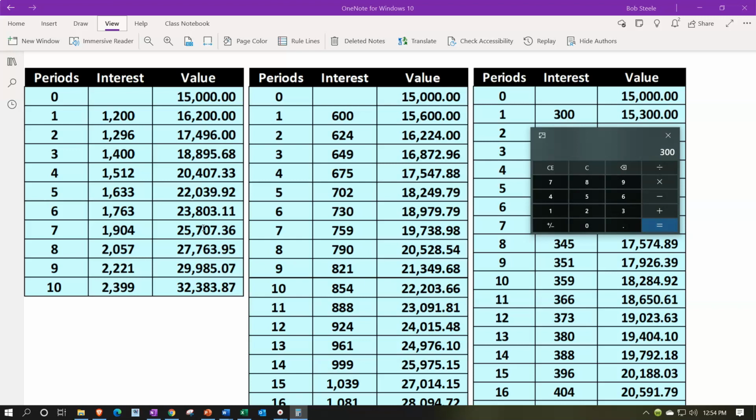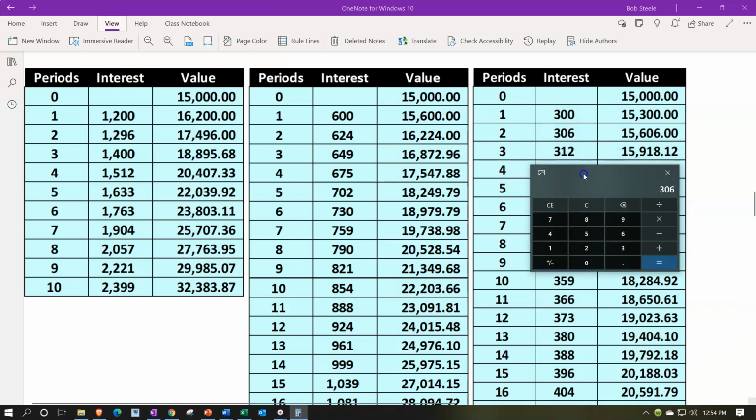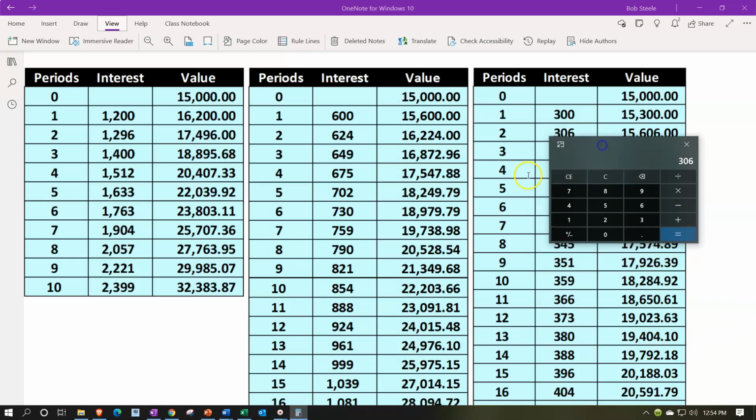And we get the 300 again, plus the 15,000. That's going to be the 15,300. If I take that 15,300 times the 0.08 yearly rate divided by 4, that's going to give us our 306, and so on and so forth, adding that up down.